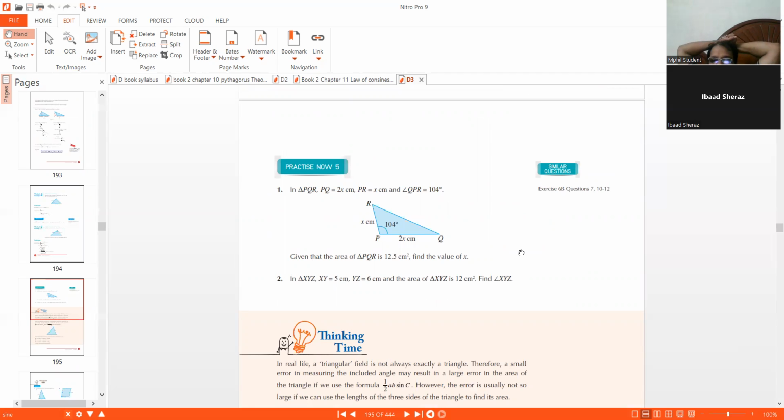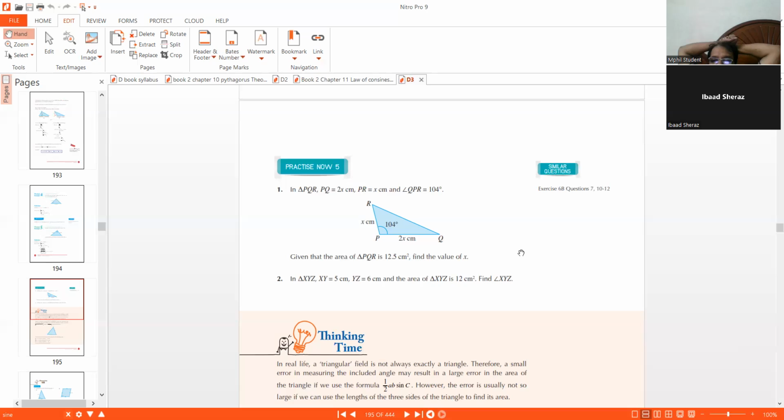You do half times 5 times 6 times sine of the unknown angle, which equals 12. So half of 30 times sine something equals 12. That'll equal 15 times sine something equals 12 centimeters squared.